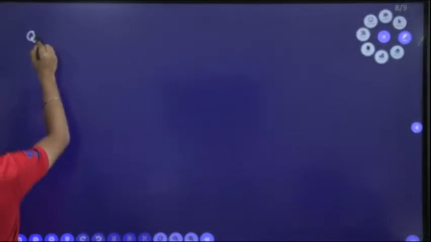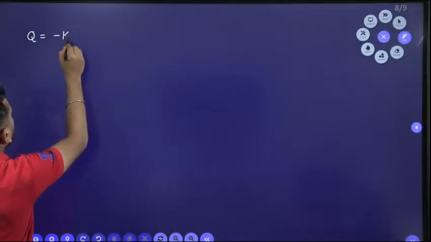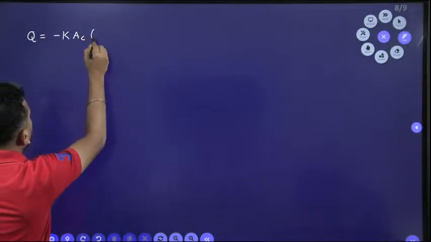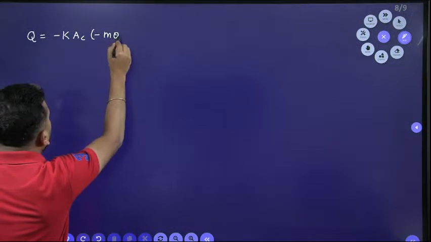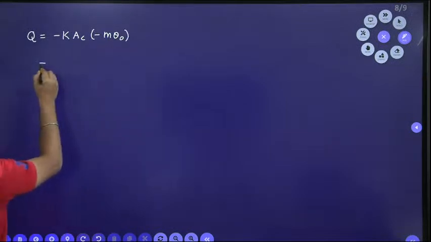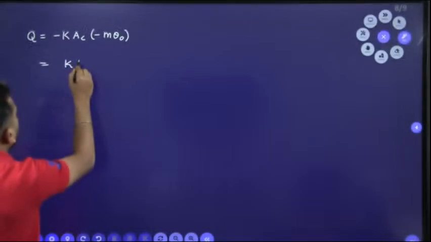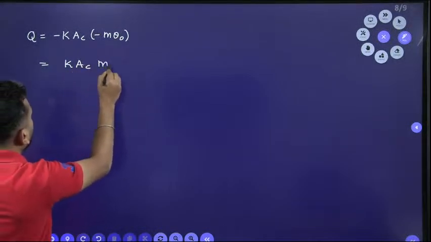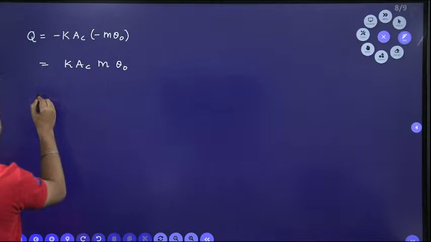Q is equal to minus k AC into minus m theta naught, which is equal to k AC m theta naught. Now what is m?